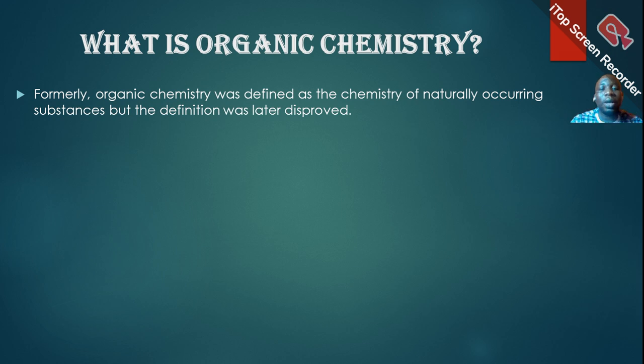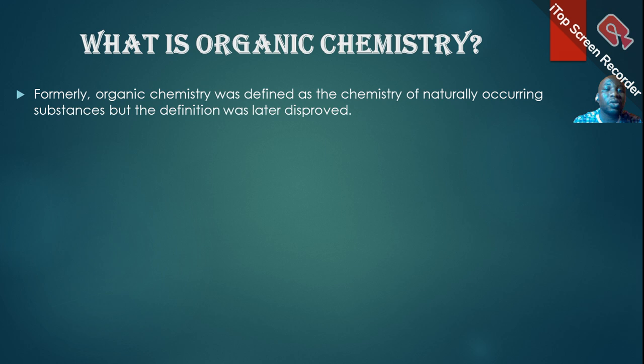Formerly, organic chemistry was defined to be the chemistry of naturally occurring substances, and that is why the word organic is there. Naturally occurring substances, that is, substances that we believed only came from plant and animal origin.